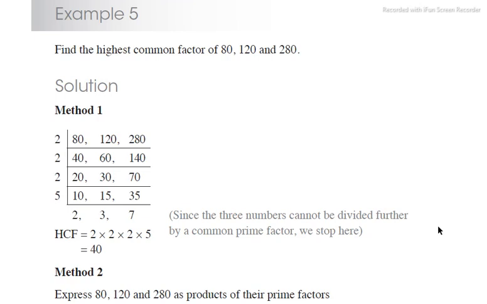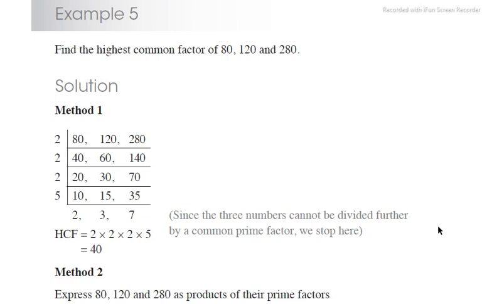Then a 5 divides all the 3 to give us 2, 3, and 7. So to get the highest common factor, we shall multiply the divisors.